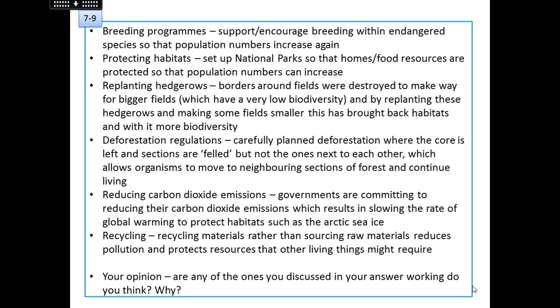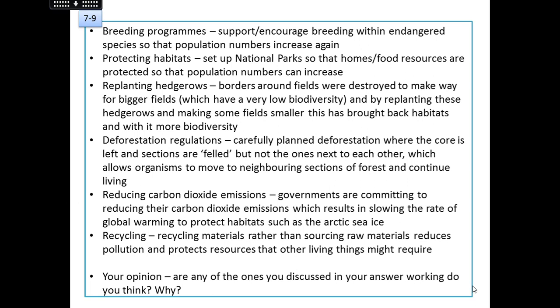And it is your opinion, but you do just need to have a little bit to back it up. So you can't say, I think humans are reducing the impact they're having on reducing biodiversity. You need to say why. So you could say, let's choose one of them. Protecting habitats by setting up national parks or a safari wildlife protected area in Africa, the number of lions has increased in the last few years, something like that.